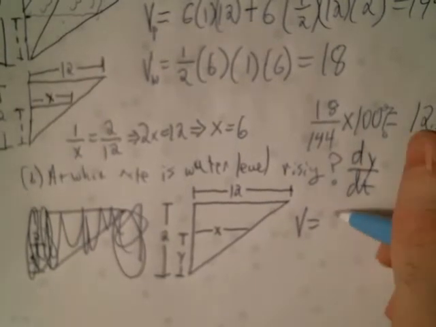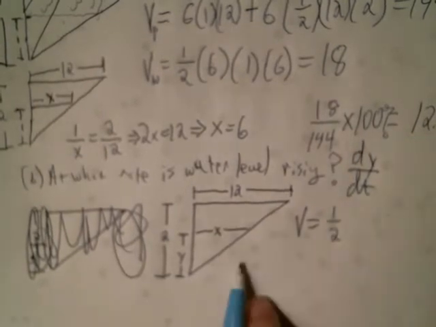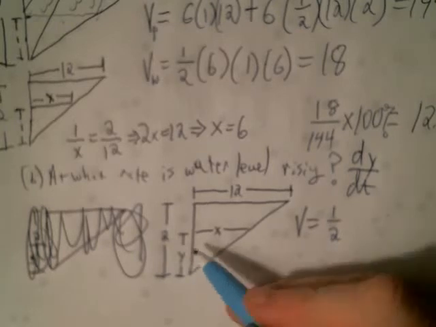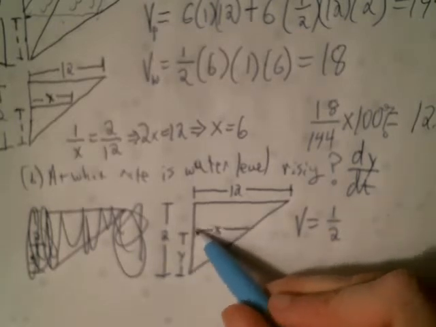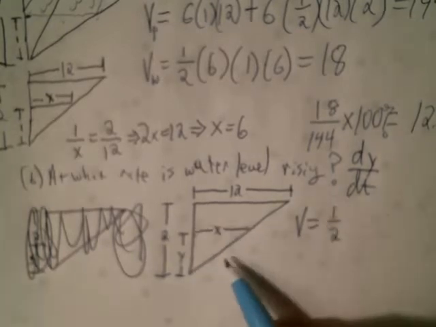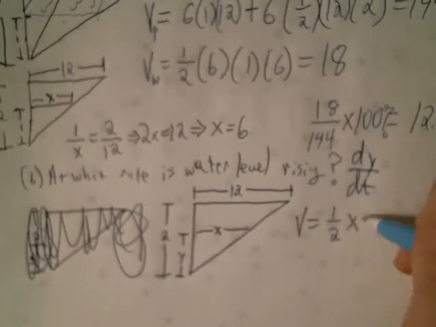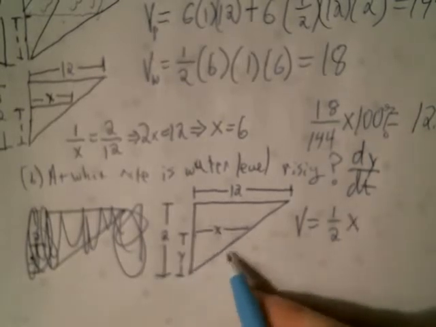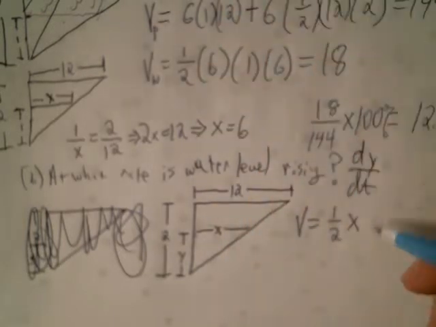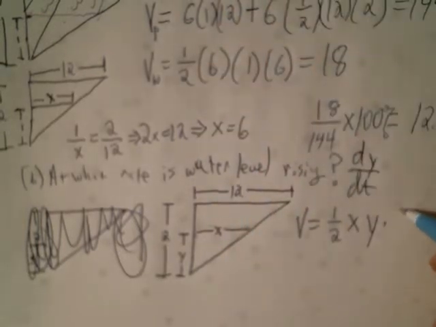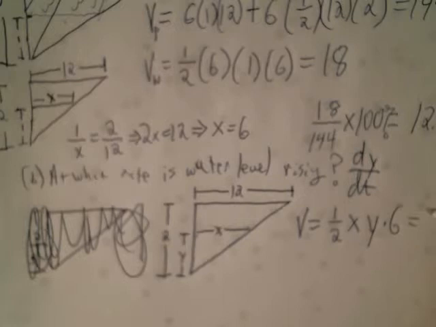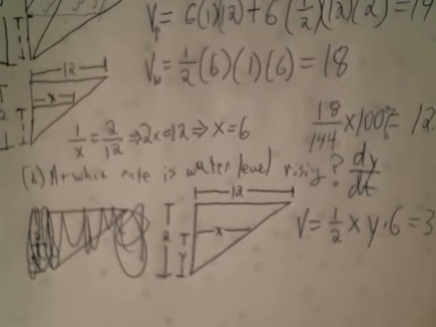The volume will be 1/2 base, so I'm looking for the volume of the water in the pool, formula for that. 1/2 base times the height, and then times the depth. So 1/2 base times height times 6. This will be 3xy.